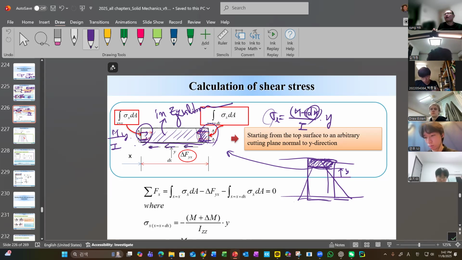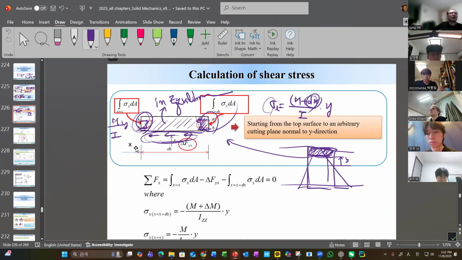We don't know the amplitude and magnitude, but we do know we need to have this one to make this one and this one and this one all be in equilibrium. So that's the whole point.